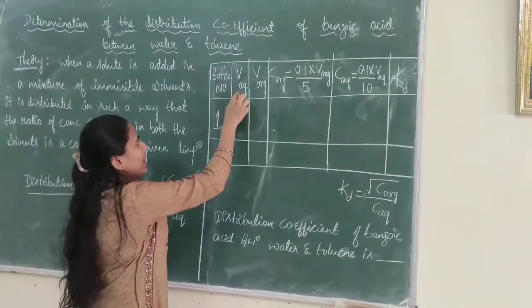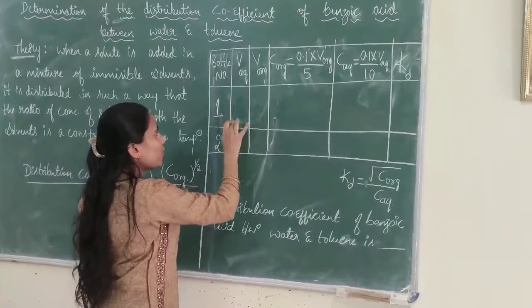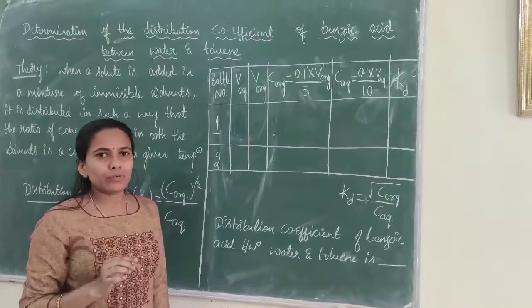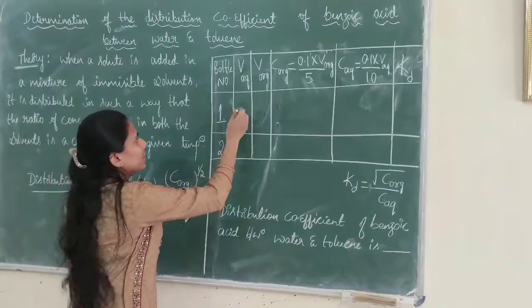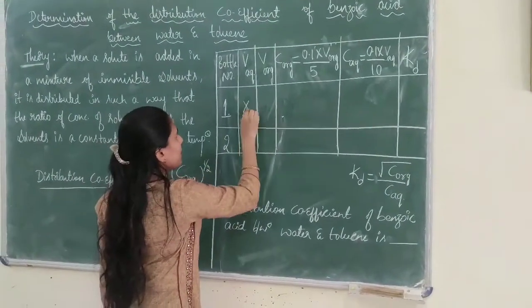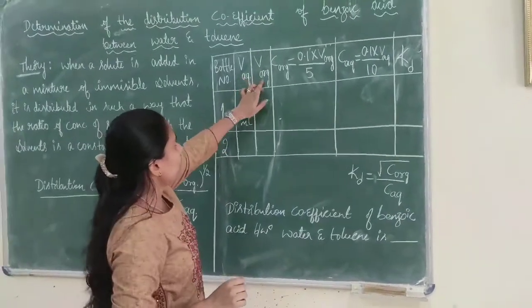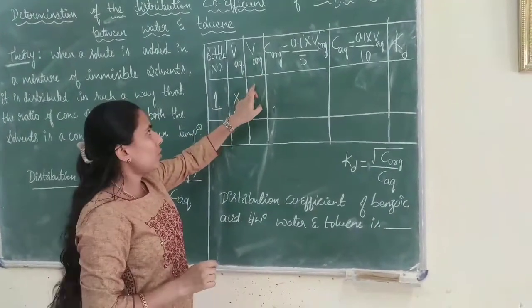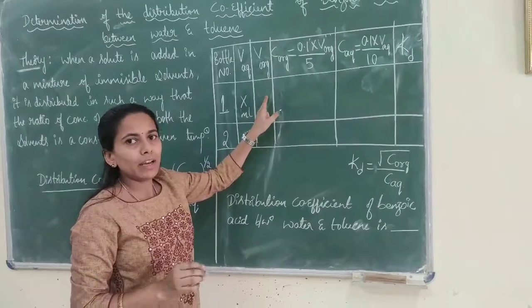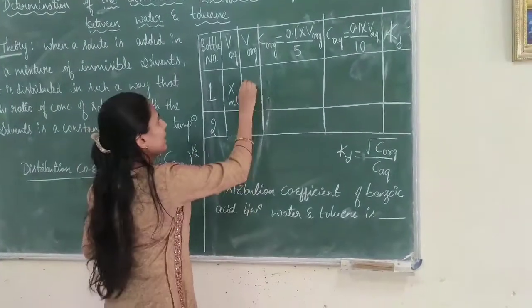Here V aqueous is the volume of NaOH consumed for the aqueous layer, let it be X ml. V organic is the volume of NaOH consumed for the organic layer, let it be Y ml.